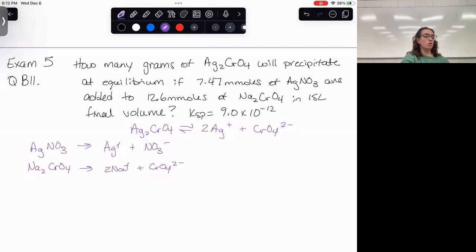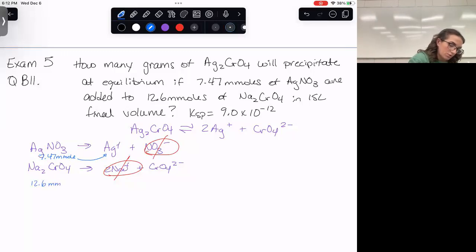It'll just turn into the moles of the 2 ions that we're looking for. Your nitrate and sodium become spectator ions, and we don't care about them. But the 7.47 millimoles of silver nitrate becomes that many millimoles of silver. And the 12.6 millimoles of sodium chromate becomes that many moles of the chromate ion.